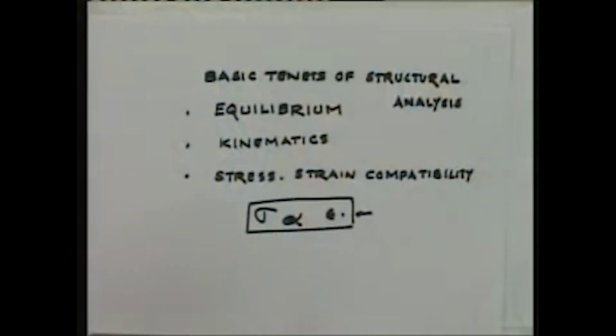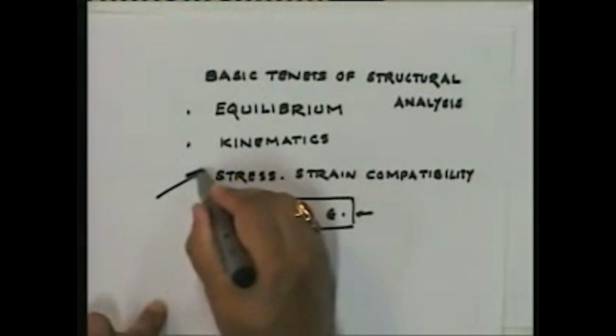Now, stress-strain compatibility is fundamental because this is a basic building block on which we develop the entire edifice of structural analysis. So this stress-strain compatibility can never be violated.